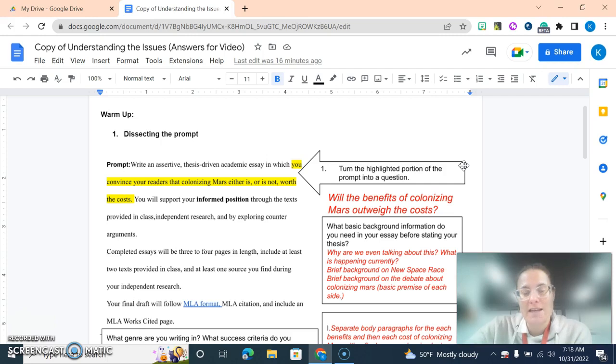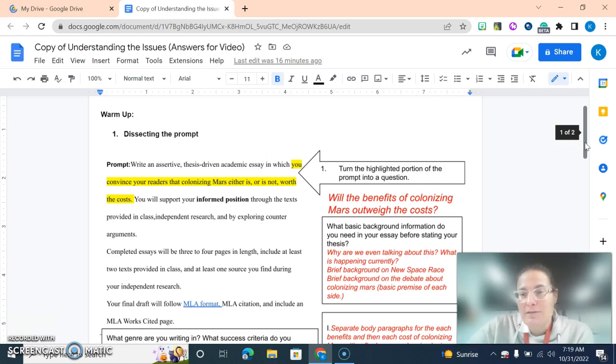So you need to be thinking to yourself as you're reading, is this information that will help me answer this question? Now, at the beginning of any academic essay, maybe not in the introduction, but somewhere towards the beginning, you do need to provide some background information on the topic to develop your ethos as someone who's informed and credible.